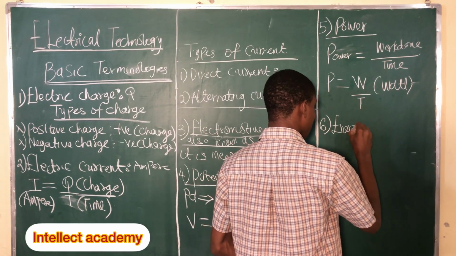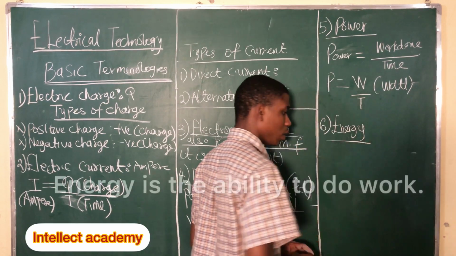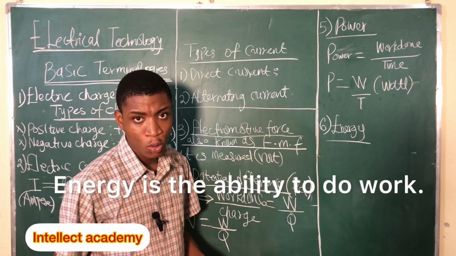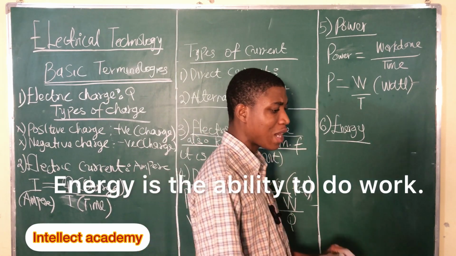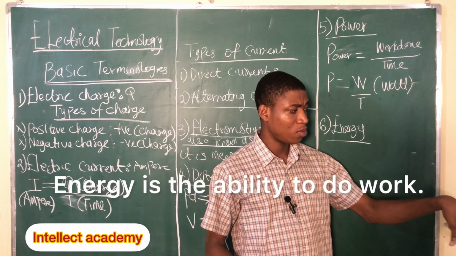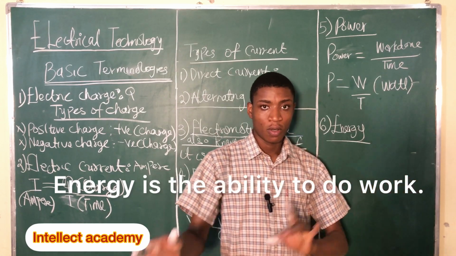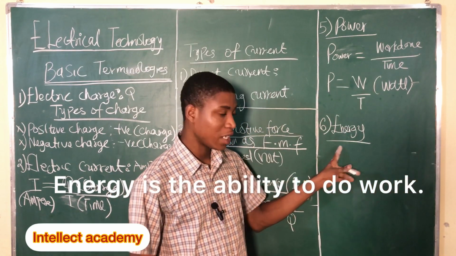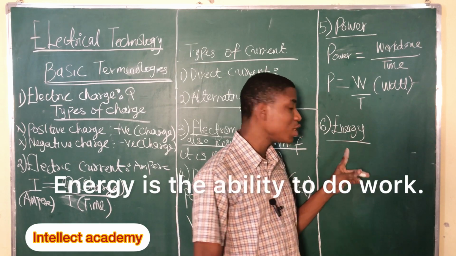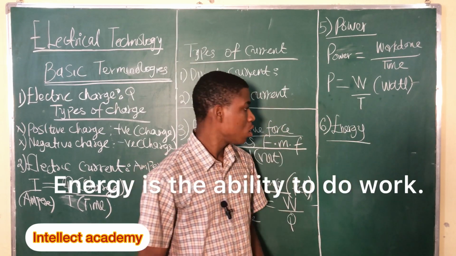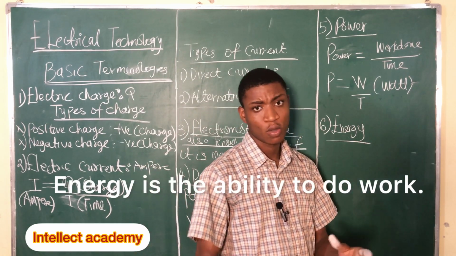More like electrical energy. Energy is the ability to do work. Anywhere you see the charge being moved from one place to another, or current flows, of course there's energy, because energy is the ability for the charge to do work.